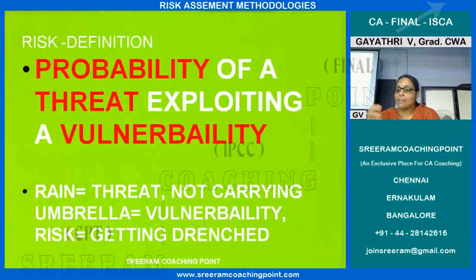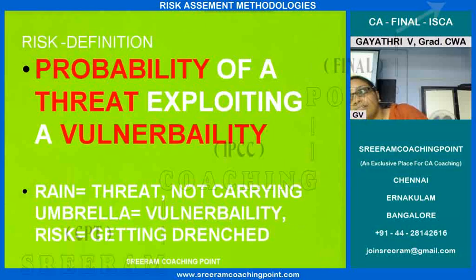Not carrying the umbrella is a vulnerability because you are prone to exploitation. Risk is what? Getting drenched. Now you read the risk definition. Probability of a threat exploiting a vulnerability. Understood?